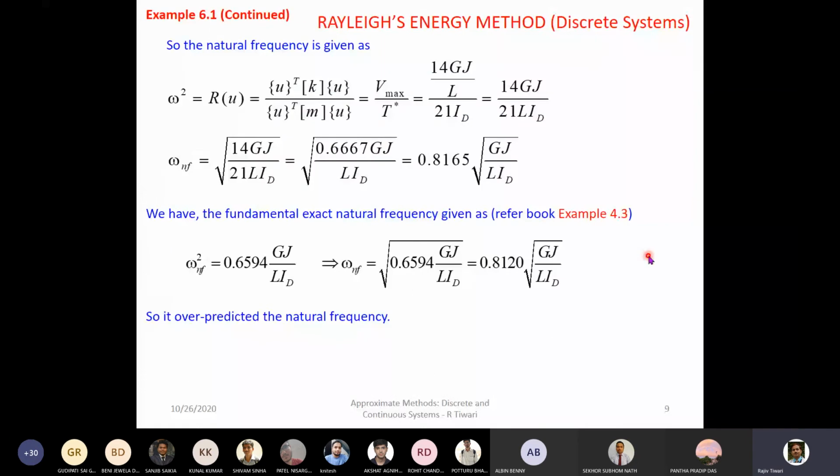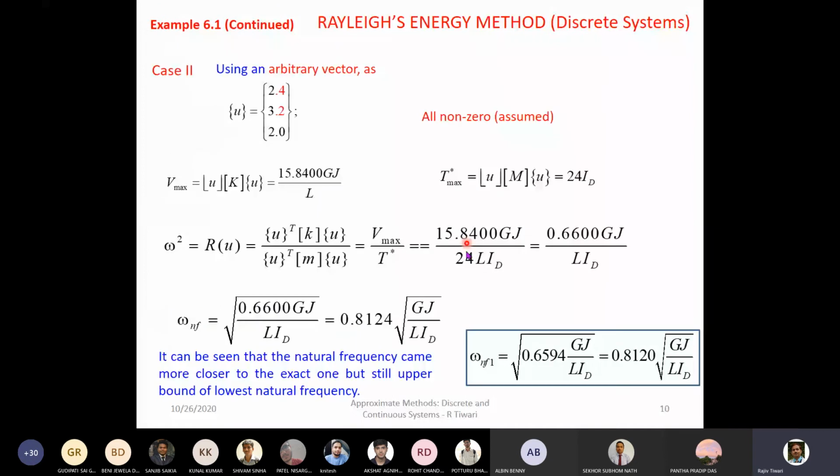Now with the same vector, we are slightly fine tuning it. So 2, 3, 2 was there, now we are using 2.4, 3.2 and 2. Again I obtain Vmax and T star max. If I divide these, I get the Rayleigh's quotient, and if I take the square root of this, I get this value. So now it is 0.8124.